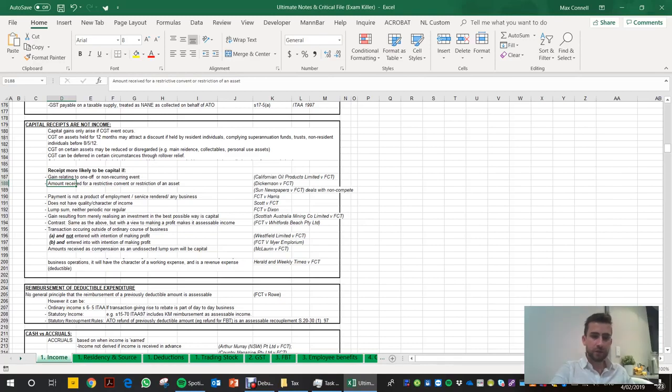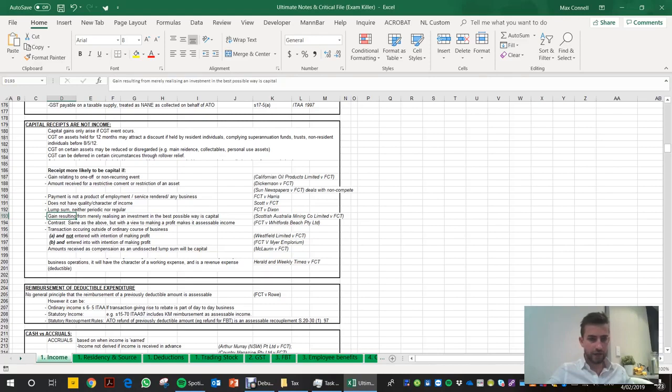Gain resulting from merely realizing an investment in the best possible way is capital. So, for example, there was a case, I believe, where a shopping center was holding on land for a long period of time.